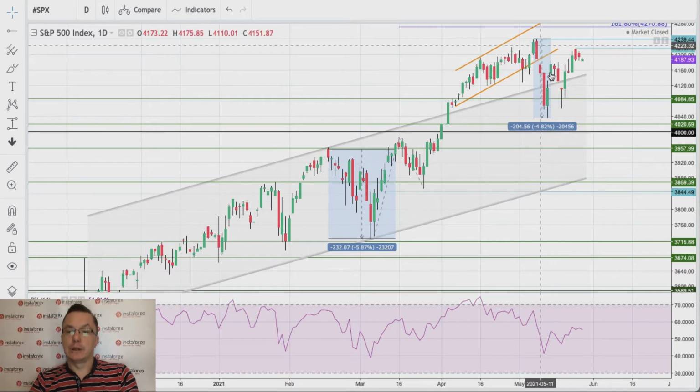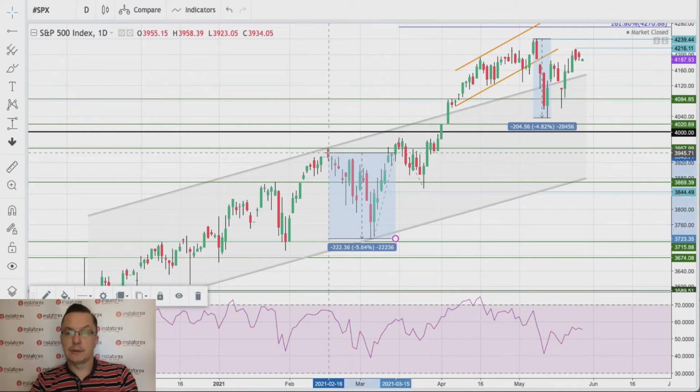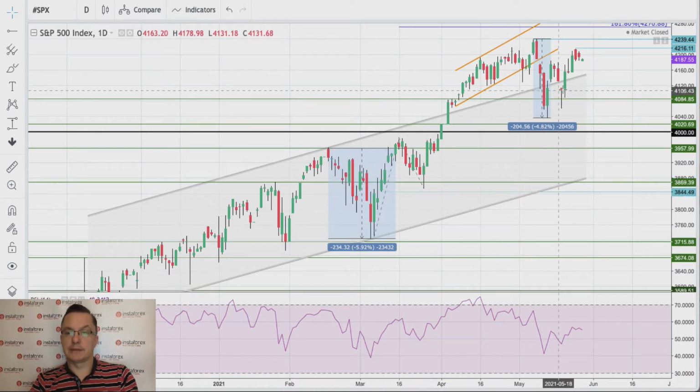In order to count this as a different cycle, we need to dip more than 5.92%. So that's 1.1% more we need in order to make the overbalance, price and time overbalance.